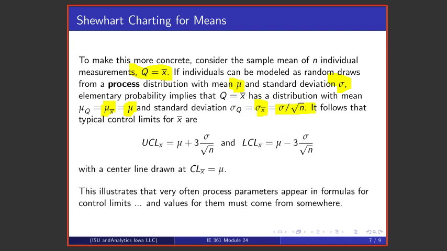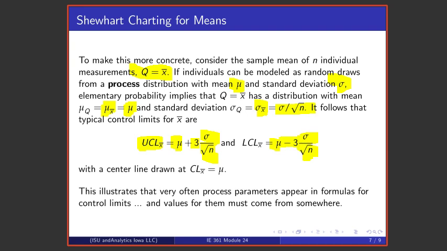Using those ideas, one can take the mean for X bar, which is the process mean, plus 3 standard deviations for X bar, which is process standard deviation over root n, and make an upper control limit. Taking the mean for X bar minus 3 standard deviations for X bar, one has a lower control limit.